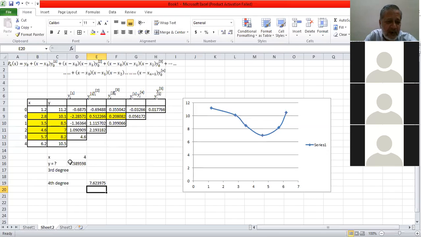I'll ask you to estimate a y value for a missing value of x, and I will instruct you to do what degree approximation. So you use a third degree polynomial, and third degree polynomial means up to this point. Second degree polynomial means up to this point. Fourth degree polynomial, that means another term added is that जो कि अभी हमने किया.